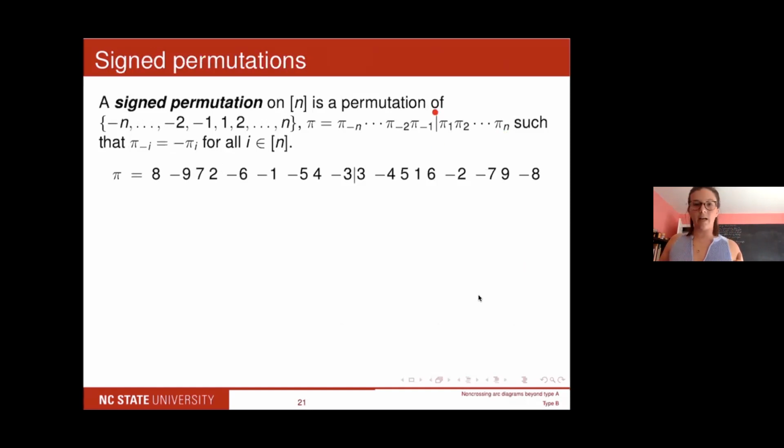And this midline just gives us a visual trigger for the symmetry. And then we've got this requirement that pi negative i is negative pi i for all i. And really what that means is if we're looking at -2 in the sixth entry, we should have a +2 in the -6th entry. And that's really what we see.